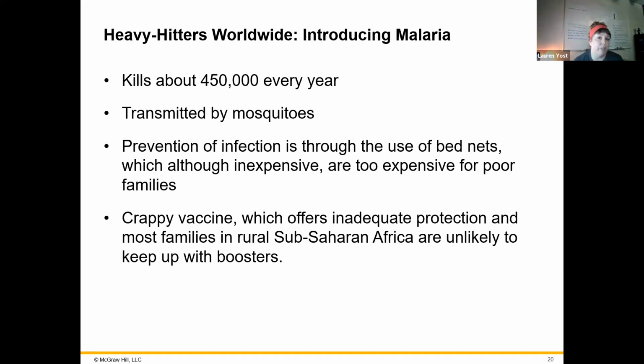The best way that we can prevent this is through the use of nets, which are not very expensive, but even these poorer families, these smaller tribes and groups in sub-Saharan Africa, still can't afford that. There is a vaccine available. It does not protect very well, and people aren't going to keep up with the boosters in these areas either. So it's just hard to control stuff like this.